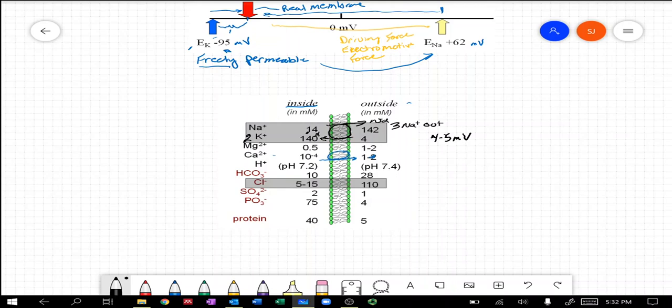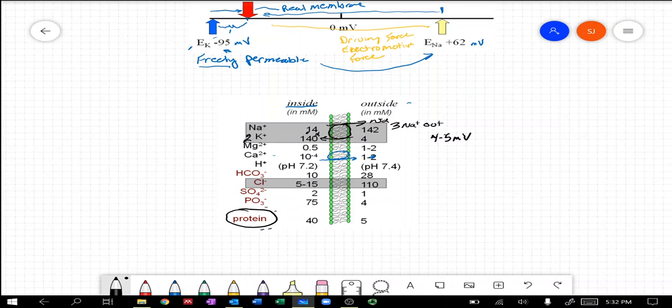And just to complete this little diagram here, we also have proteins. These are like cytoskeletal proteins, or we're going to see we have proteins in axons involved in transport from one end, from the soma down to the terminals, etc. Well, these also tend to have negative charges, and they can't get out.